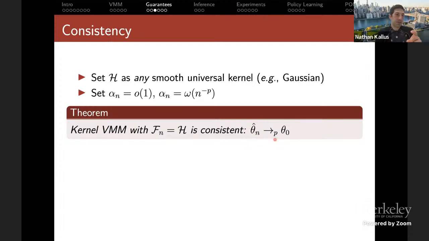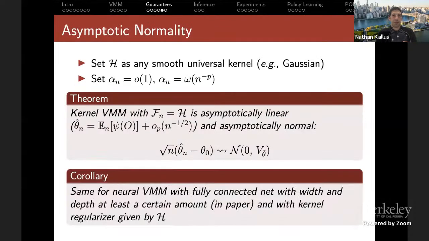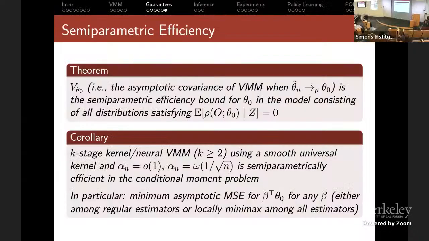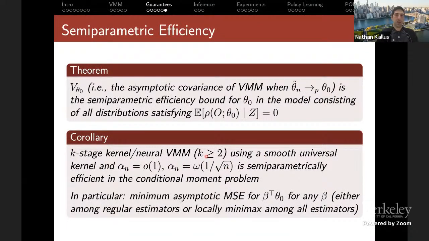Therefore, I can plug this theorem into this theorem to say that if my theta tilde n comes from doing kernel VMM first with some bad theta tilde, then I'm golden. Gotcha. And that's what I try to summarize here: k-stage VMM with at least 2 stages will be semi-parametrically efficient. Yeah, that makes sense. Thank you. Thanks for the question.